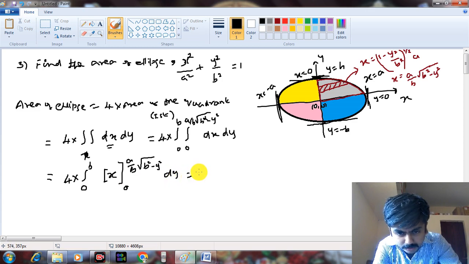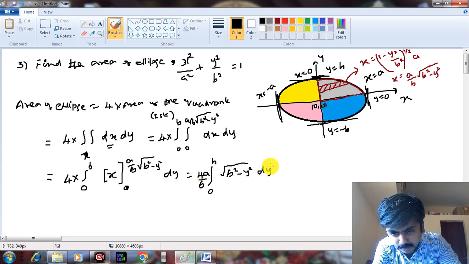That is equal to 4 times the integral 0 to b, only the upper limit will come, the lower limit will not come since it is 0, root of b square minus y square dy. Here we will have 4a divided by b.